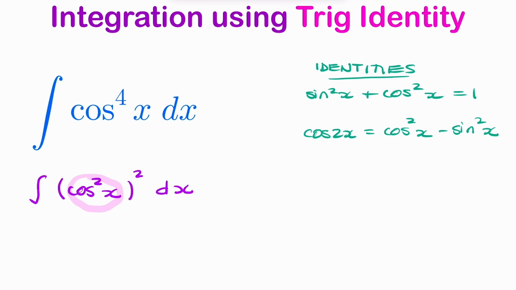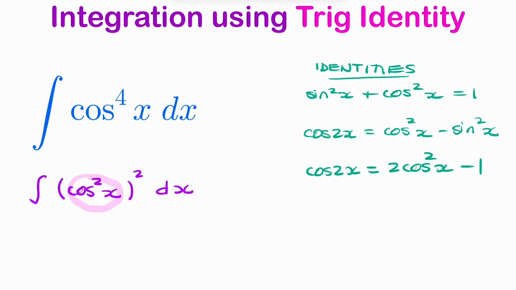And if you replace sine squared with 1 minus cosine squared, you end up with cosine 2x equals 2 cosine squared x minus 1.